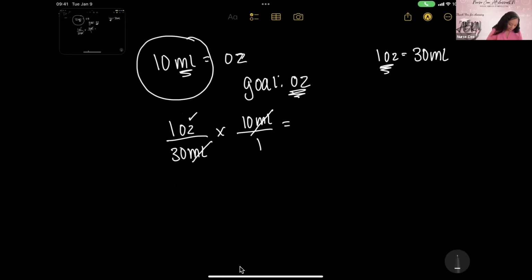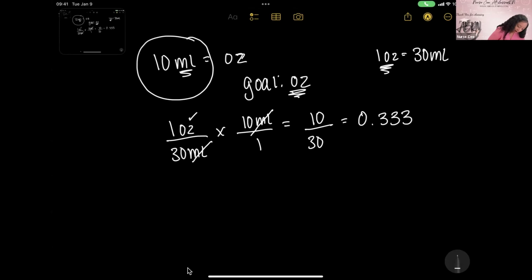All right, so now we'll multiply across the top, which will be 10 times 1, and then 30 times 1 on the bottom, and then we'll divide the top by the bottom, and then we shall get 0.33333 repeating. All right, so this is your time to shine. Remember, we did our rounding at the beginning of the session.